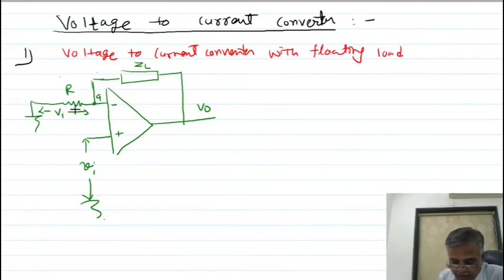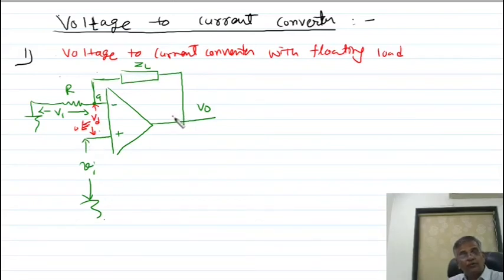This is your differential voltage, and this should tend to 0. Look here, the circuit diagram of a voltage to current converter with a floating load is shown in the figure. Your load is not grounded.